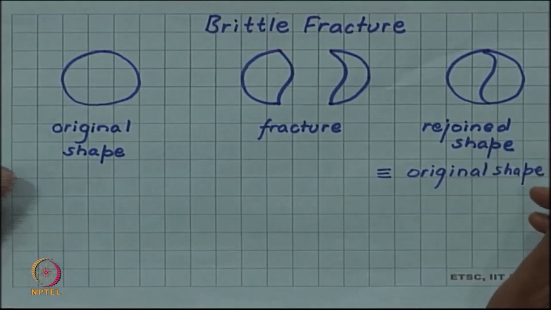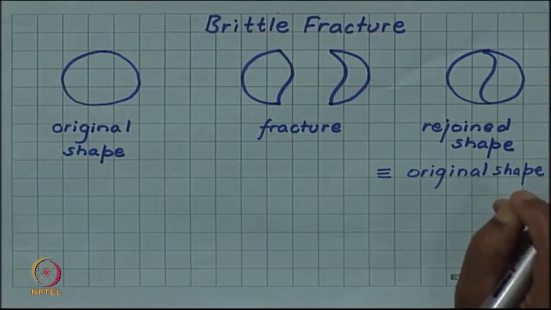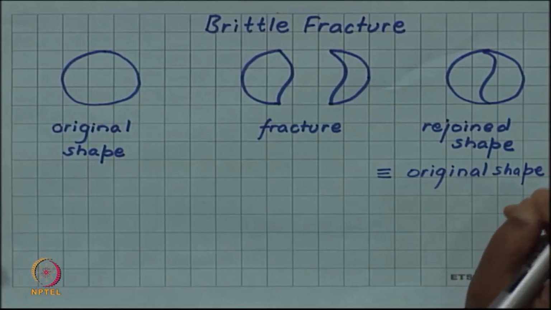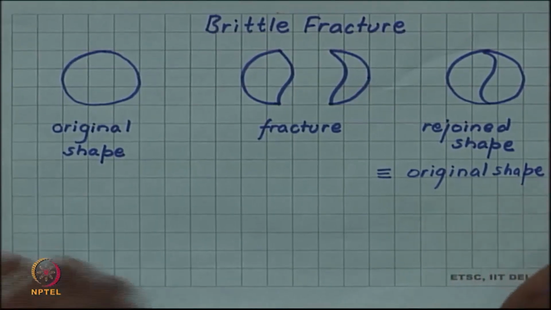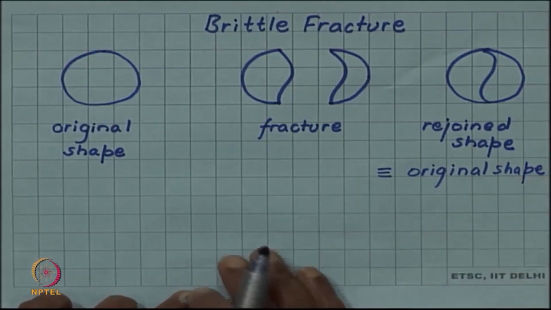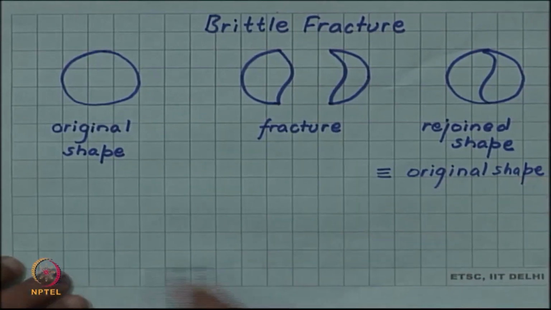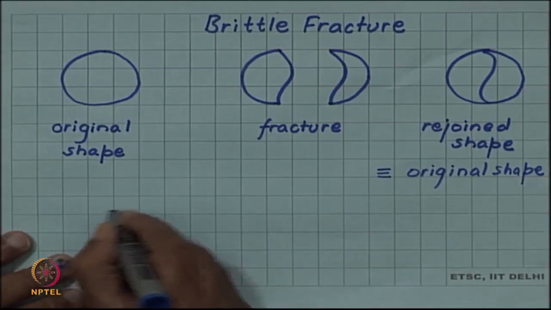All of us know that if a glass piece breaks, then we can join the pieces with some adhesive to regain the original shape. So, this means that there has not been much plastic deformation before fracture.